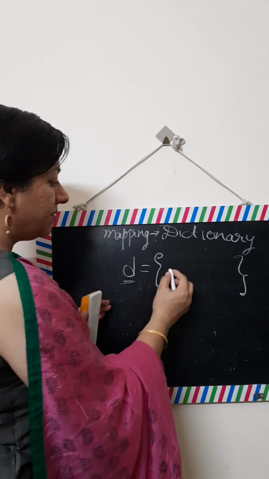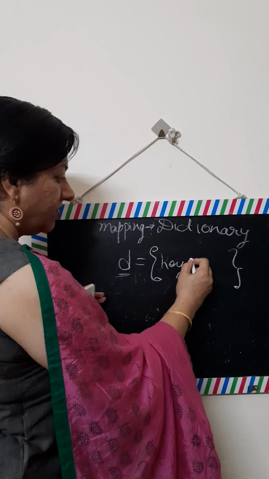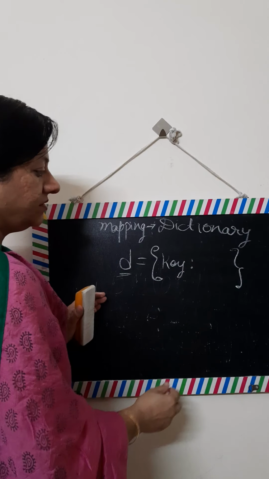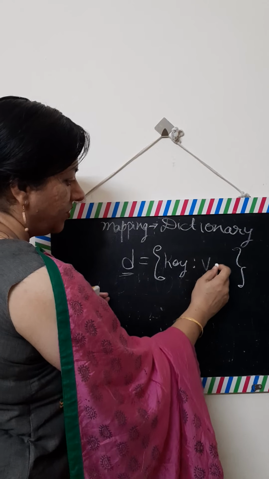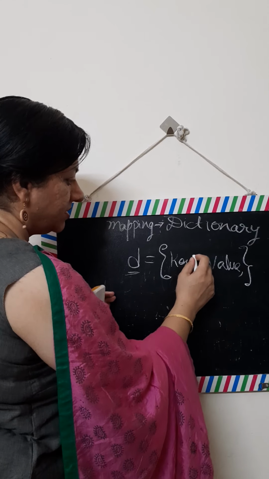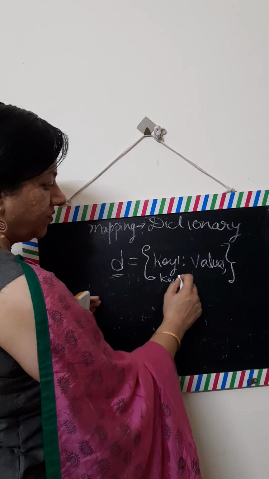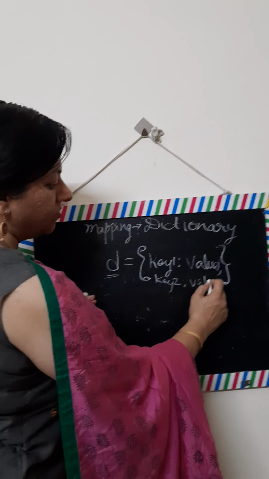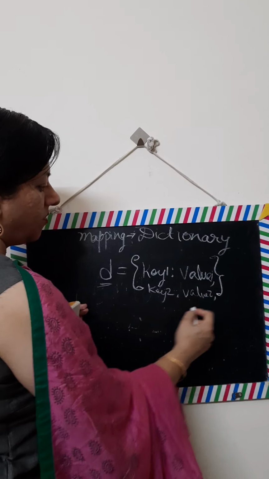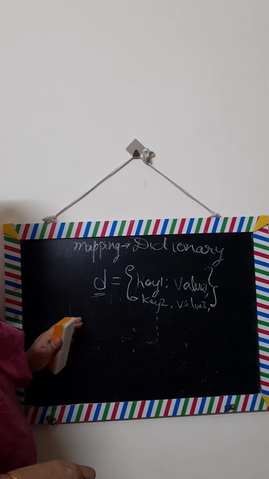In between these braces, I give a key followed by a colon, then a value, comma. This may be key 1, value 1, key 2, colon value 2, comma, etc., as many as you want, and then you close the flower braces.